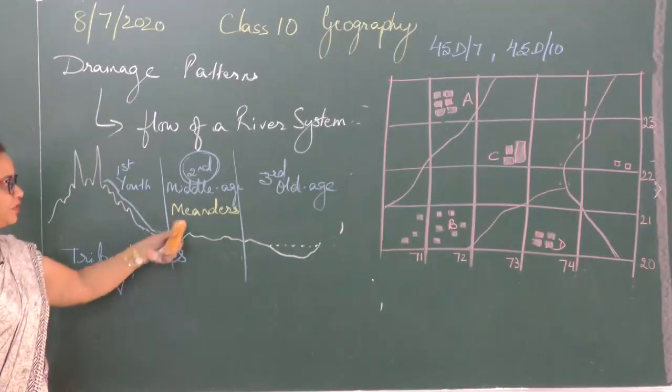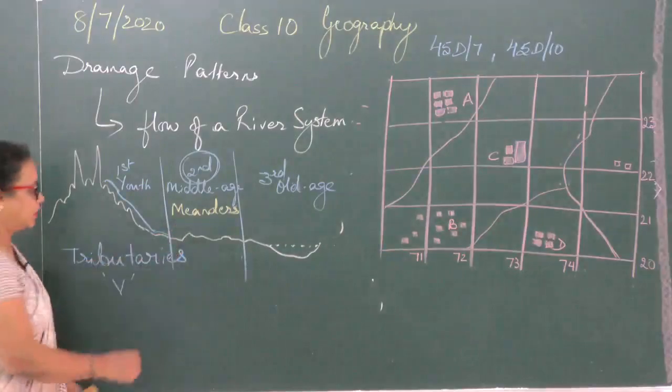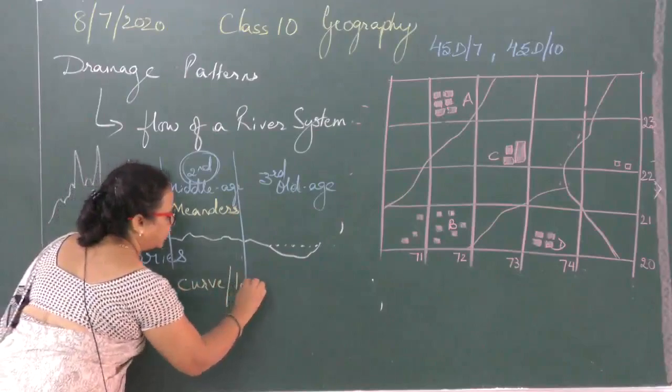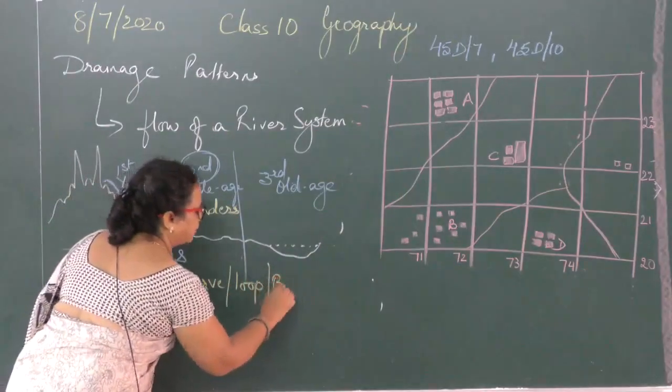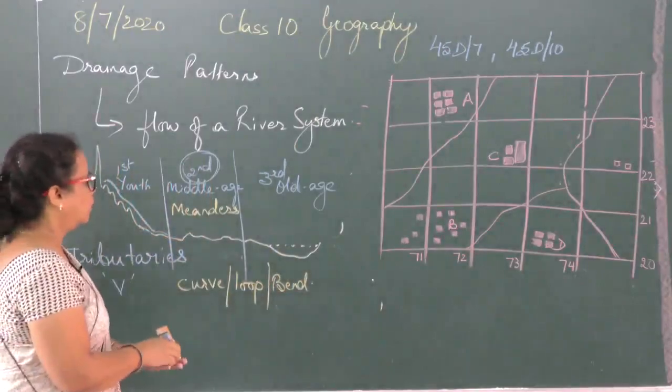Now write down the definition of meander: a curve, or loop, or bend.